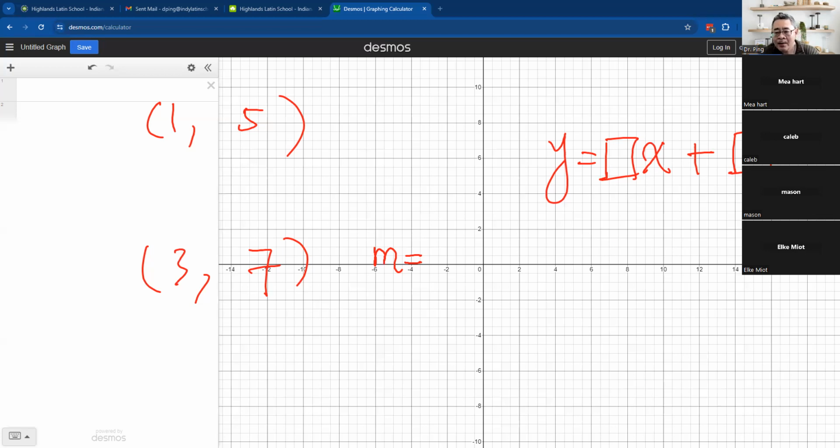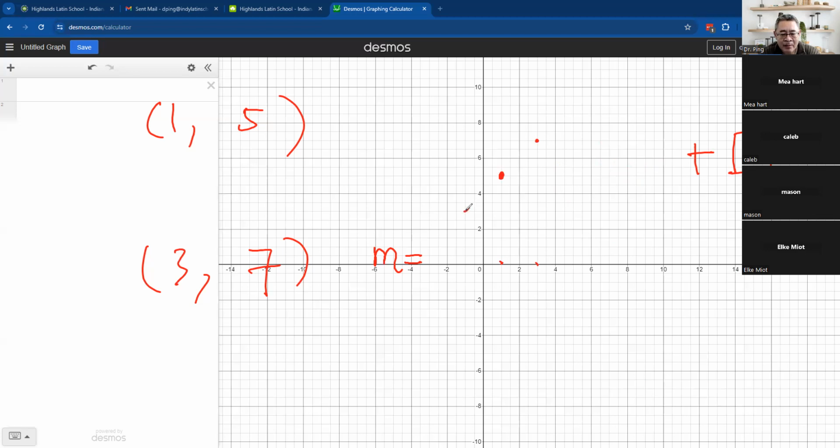Okay, Caleb, do you know how to find slope? Okay, so the slope is what we call rise over run. Now, if you graph these points, one is (1, 5), which will be here, and (3, 7) will be here.